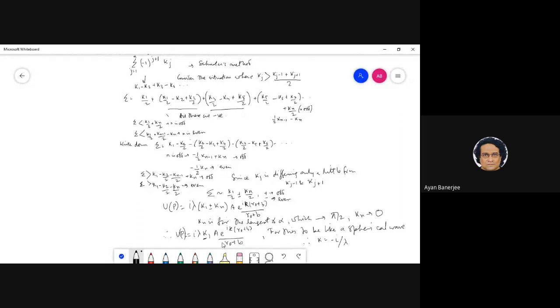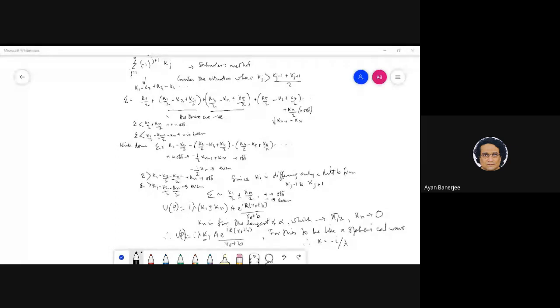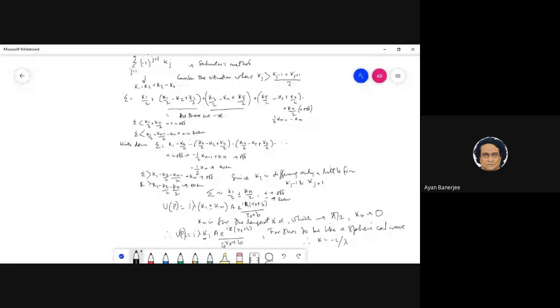Now this is no longer really an inclination factor, right? This is clearly something strange. This is like an imaginary number.